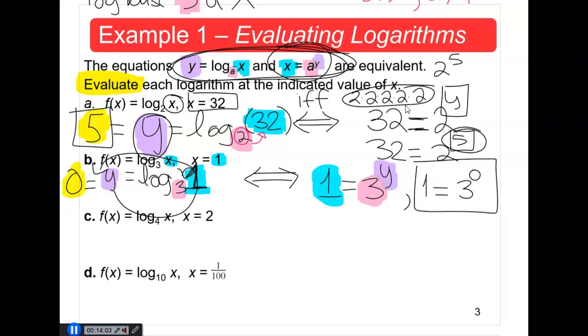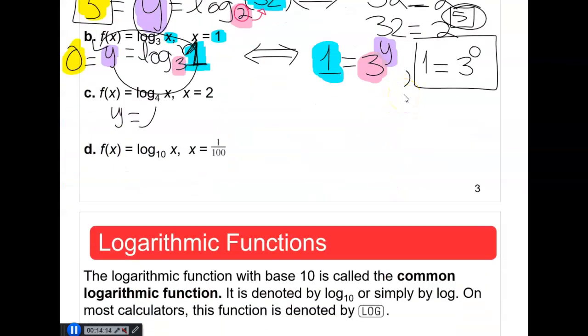Okay, next question. So we'll replace this with a y, and we'll have log base 4 of 2. So let's convert it to exponential. So we start with the base, which is 4 to the power here, y.